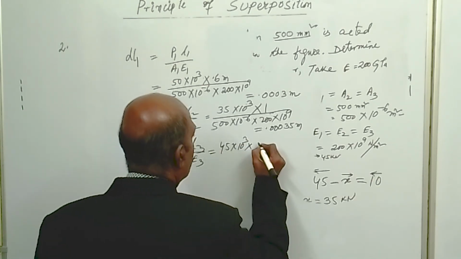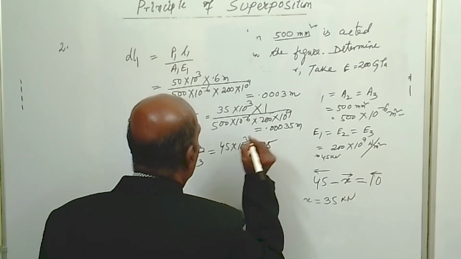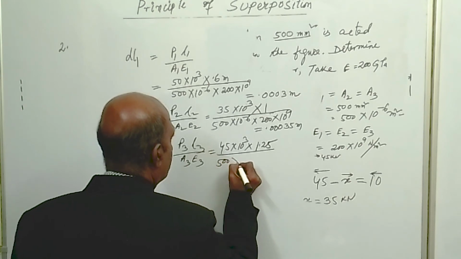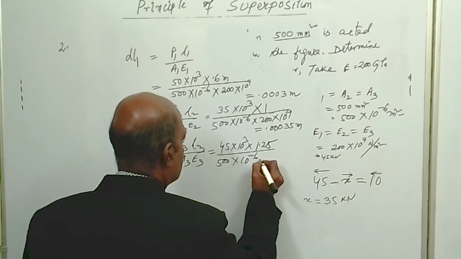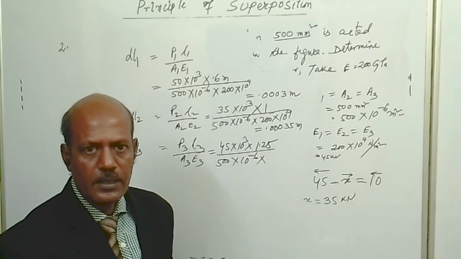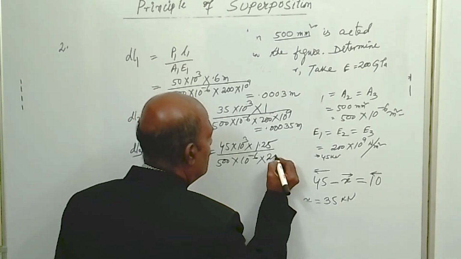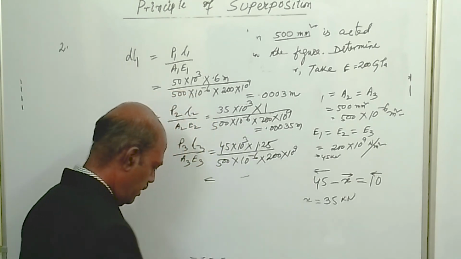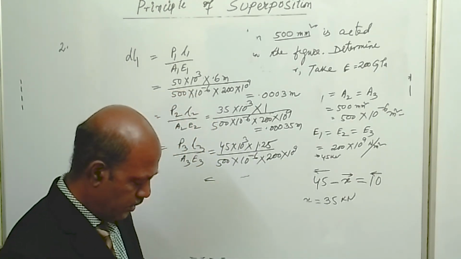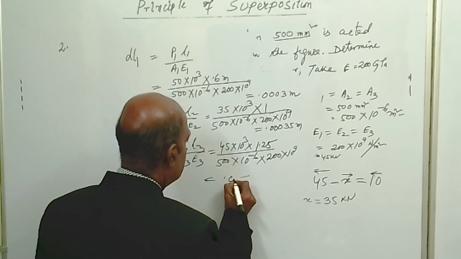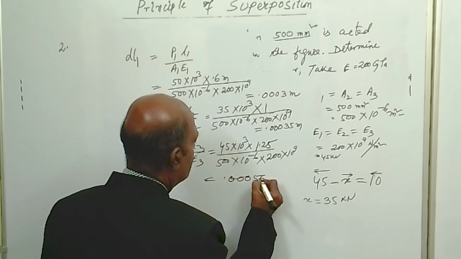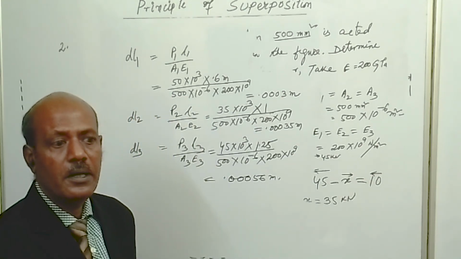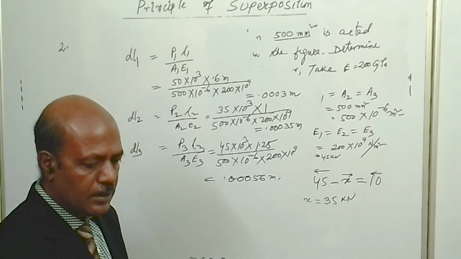L3 is given as 1.25 meter, divided by A3, which is 500 into 10 to the power minus 6, into E3. What is the E3 value? 200 into 10 to the power 9. So it is coming as 0.00056 meter. So we have got dl1, dl2 and dl3 values.